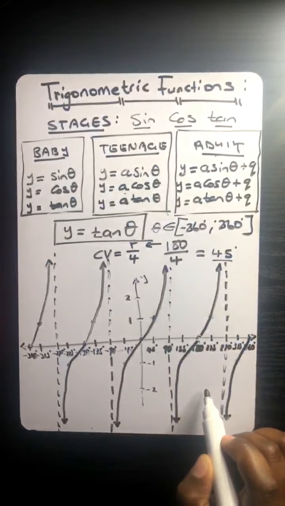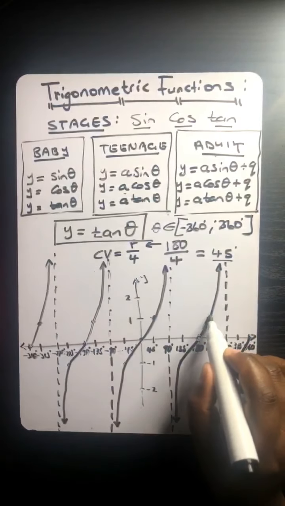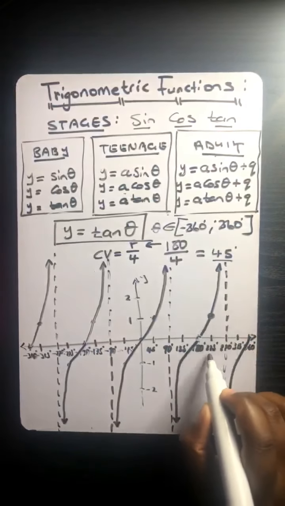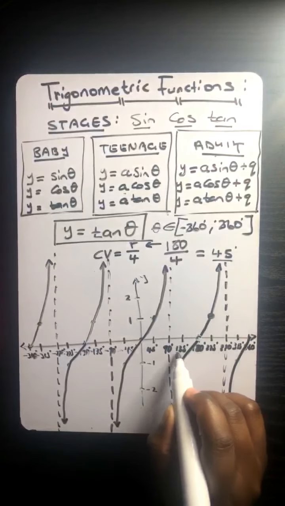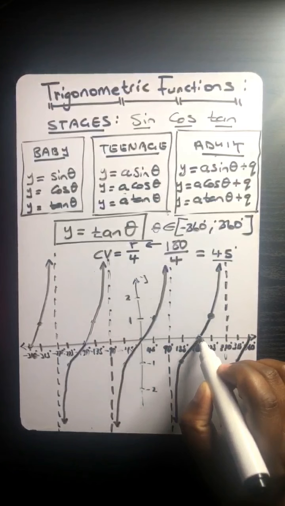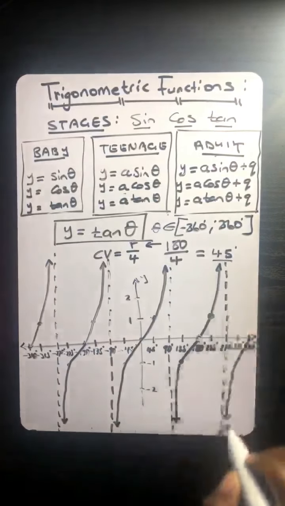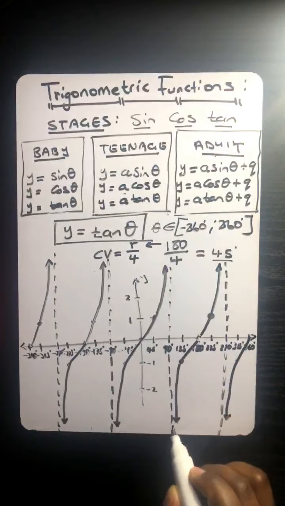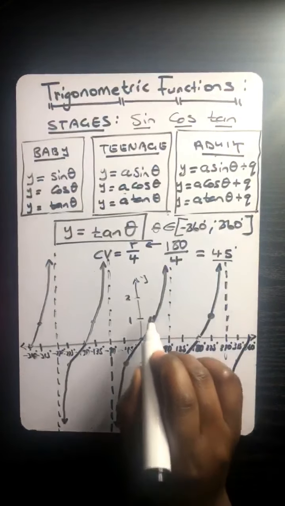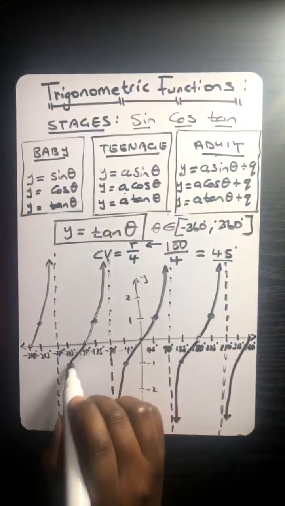But because we understand the importance of critical values, we know there's a point where this is 225, and again a point where this is 135. Then we know it approaches that point, and then isondela. From there, it goes to that point, and then isondela. Then it gives our tan function a very nice shape.